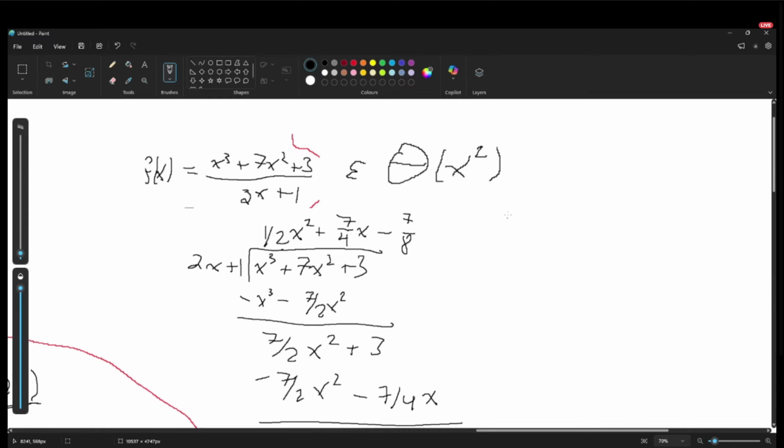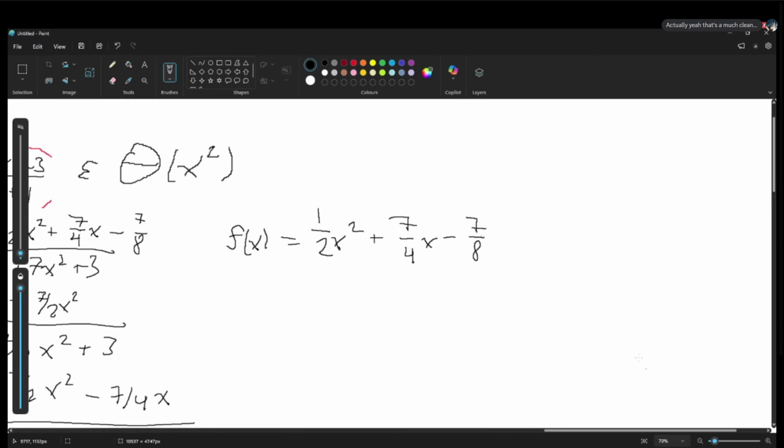So f of x is exactly equal to 1/2 x squared plus 7 over 4 x minus 7 over 8, plus the remainder, 31 over 8 divided by whatever was at the bottom, which was 2x plus 1, I think.